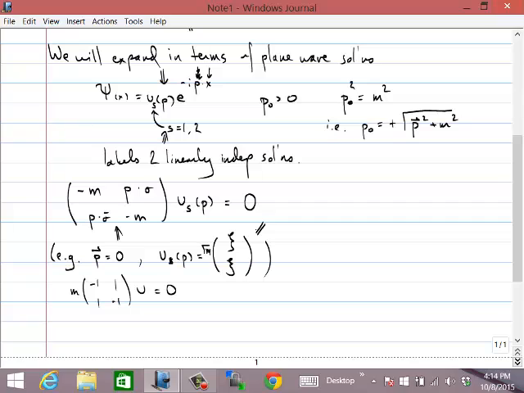If you plugged that in, you would see that indeed it is annihilated by that matrix, because zeta plus zeta, zeta minus zeta is equal to 0. And that square root of m is just introduced for future convenience, for how we're normalizing this basis of solutions.